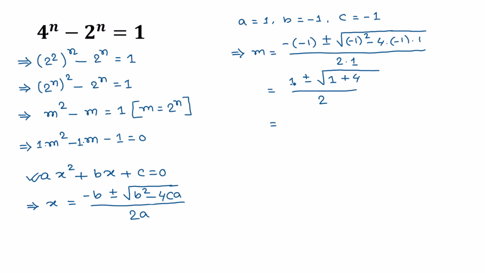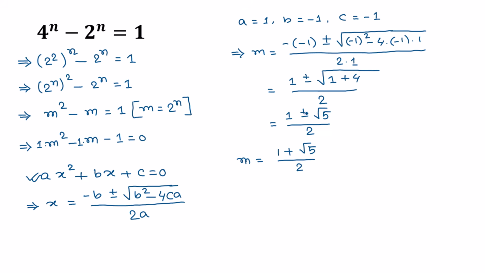That is equal to 1 plus or minus the square root of 1 plus 4, which is the square root of 5, divided by 2. Now when taking the positive term, we will get m is equal to (1 plus the square root of 5) over 2.